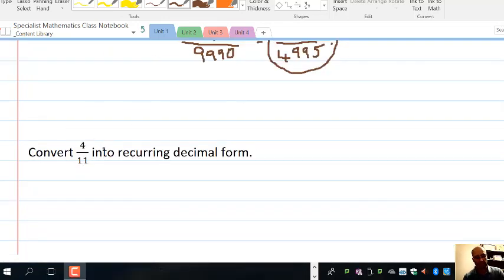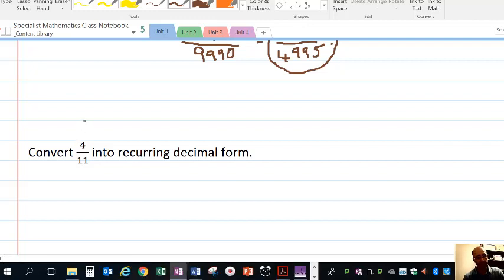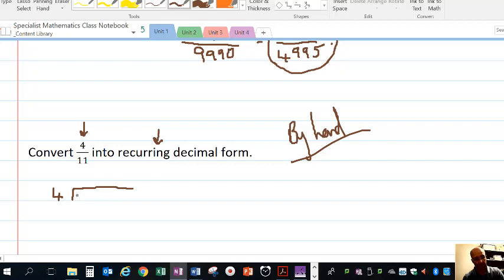So let's do kind of the opposite now. We've got a rational number in rational form, and let's turn it into a recurring decimal. So how do we do that? By hand. The emphasis again is on by hand, tech free. So what we've got is 4 divided by 11.